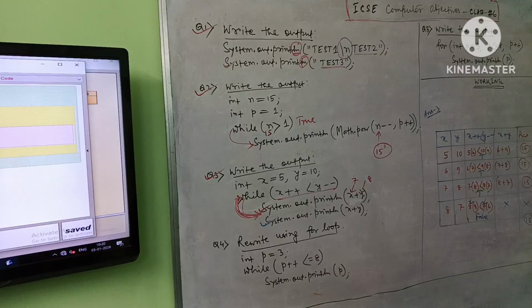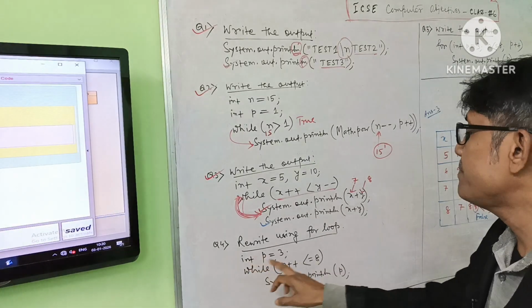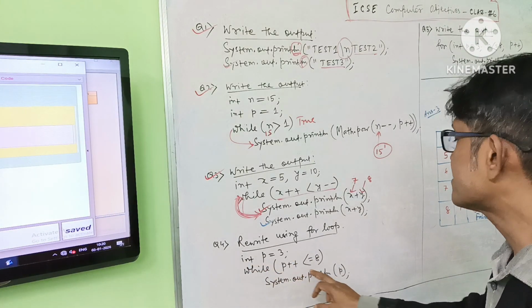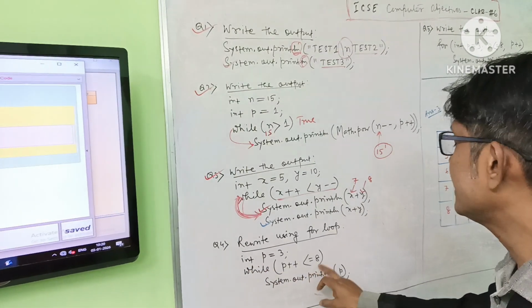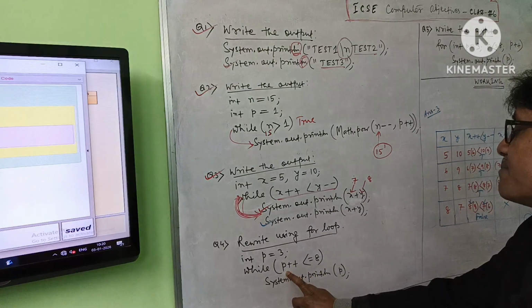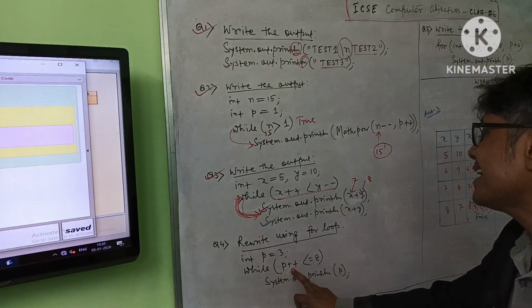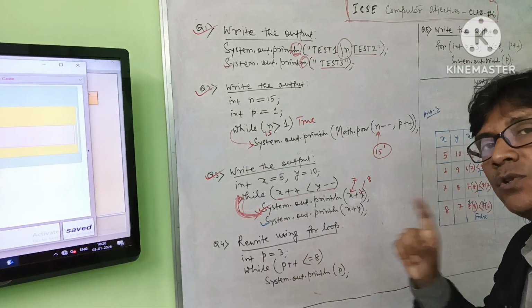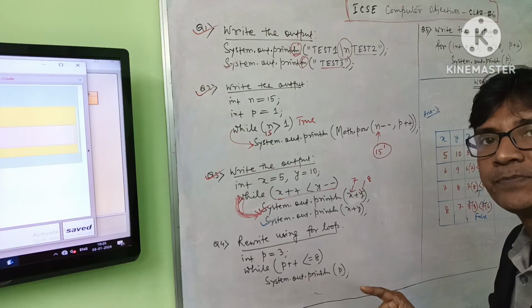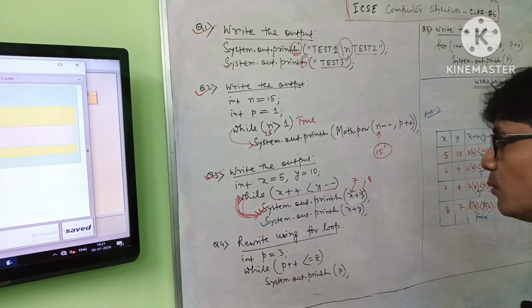The fourth question: rewrite using for loop. So int p equal to 3, while p plus plus less than equal to 8. So how long will this work? Until p value will be 9, it will work. Less than equal to means p value till 8, it will do the work. Whenever p value will be 9, it will not do the work.